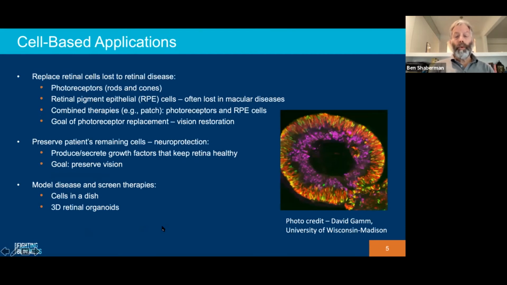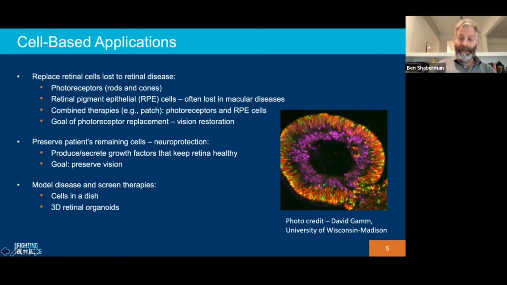So there are different ways that these types of cells can be used to potentially address retinal degenerative diseases. And one of the more common applications is to replace retinal cells that have been lost to retinal disease. So to make new photoreceptors, perhaps rods and cones, or those support cells, the RPE cells, to replace, again, the cells that have been lost.